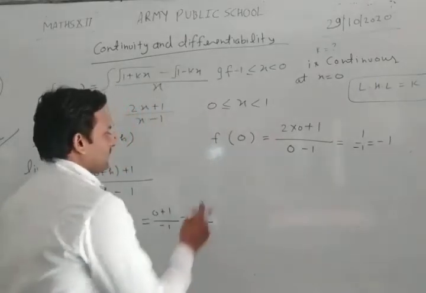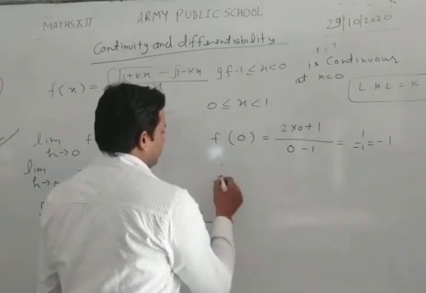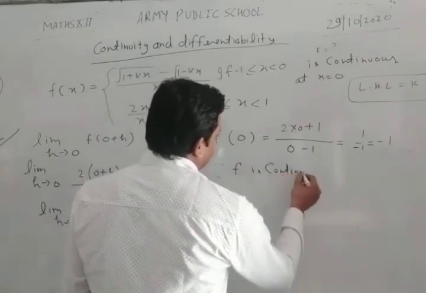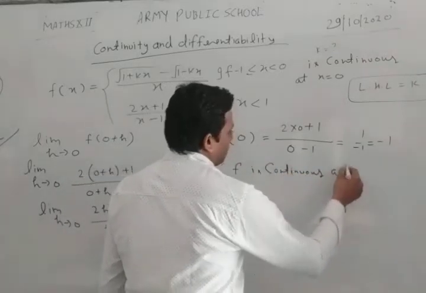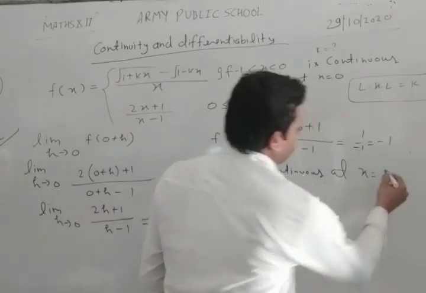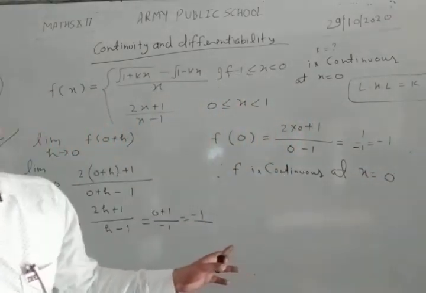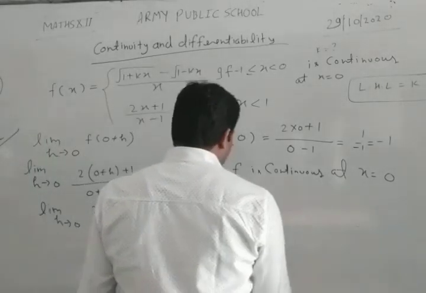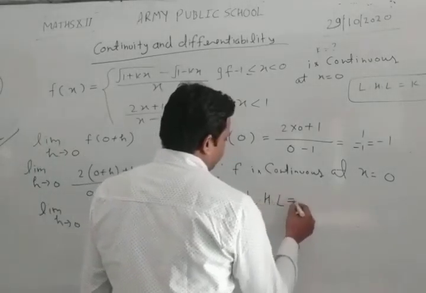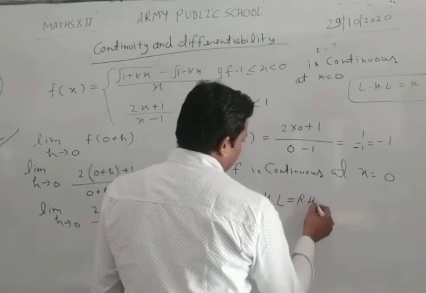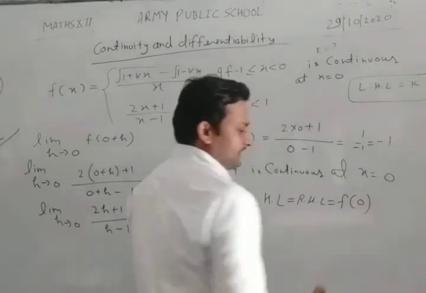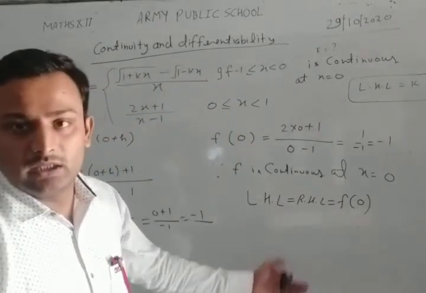So since the function is continuous at x equal to 0, our left hand limit, right hand limit and value of the function at x equal to 0 will be all equal.